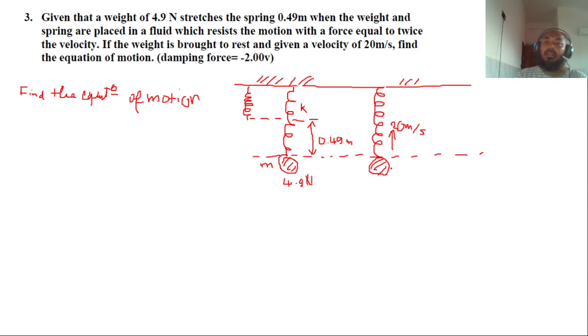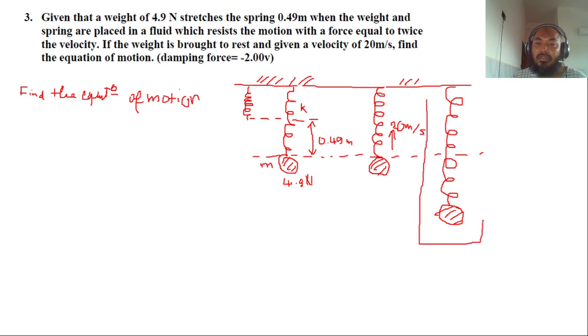At the same time, the spring now looks like this, so it will be submerged into the fluid.